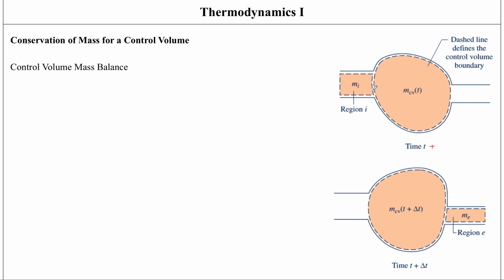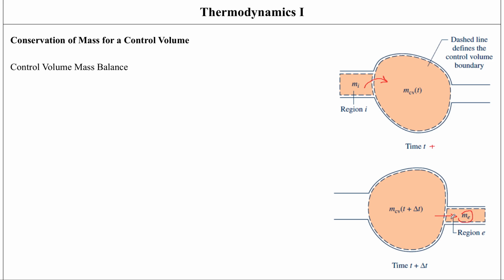As time moves towards t plus delta t, this mass starts moving into the control volume boundary. And as this is moving in, some of the mass, you can call it m subscript e, starts moving out of the control volume boundary.